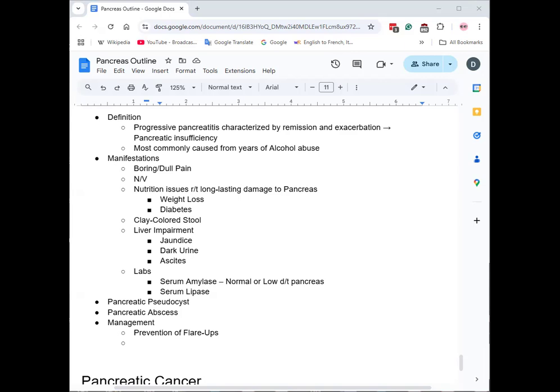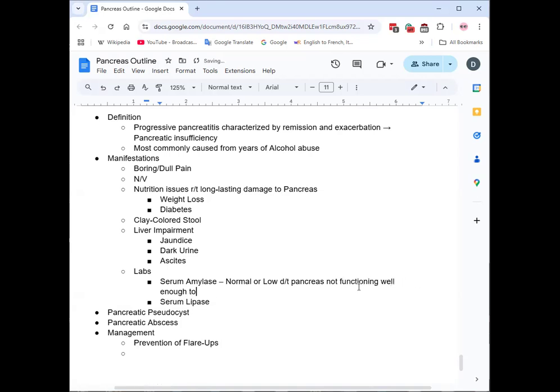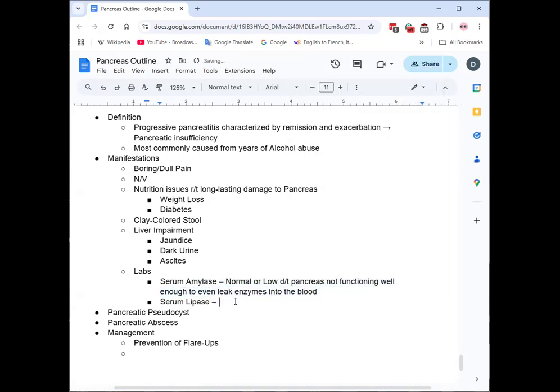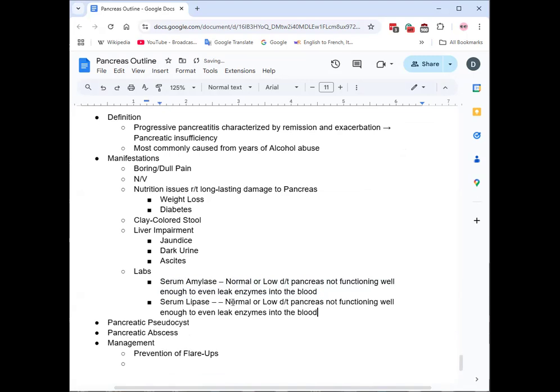But yes, the hypoactive bowels, it does happen with this as well. And this is the same reason for this. Cool.